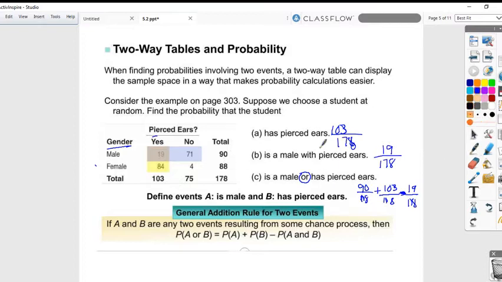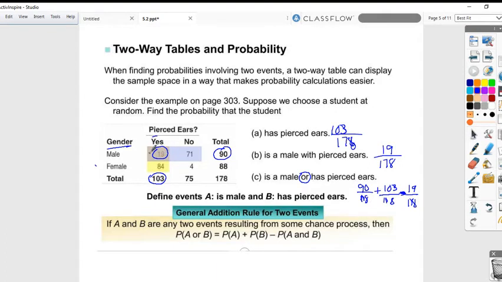Then I say everybody that has pierced ears stand, 103 people stand. How many people stood up twice? That's the 19. So you counted the 90 with the males, and you also counted them again with the pierced ears. So you have to subtract it out once.